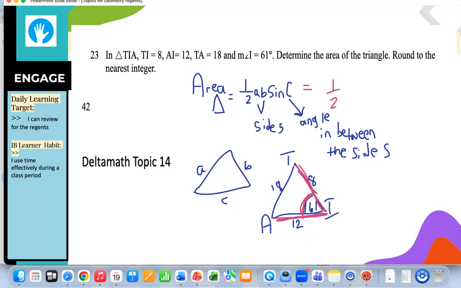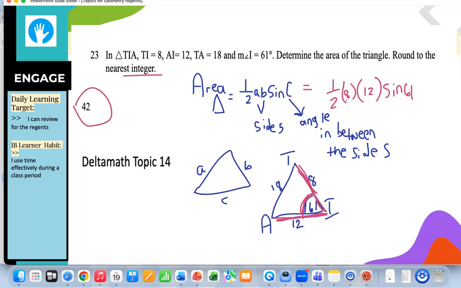We're not going to entertain 18 because that's not connected to the angle or adjacent to the angle. So we have 8, and we have 12, and we have sin 61. We're literally going to put this in a calculator, and we're going to get approximately 42.